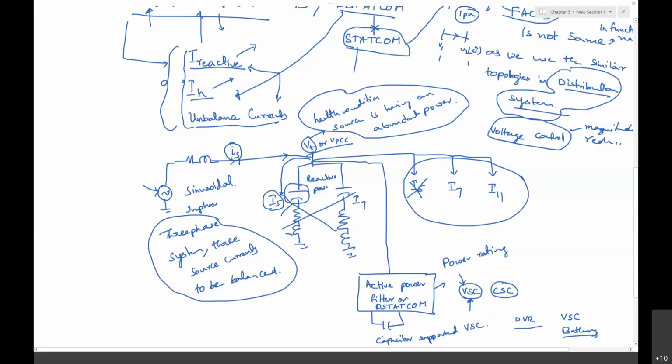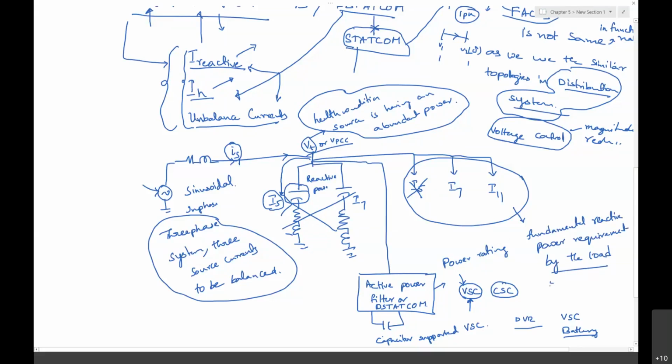The DSTATCOM is designed based upon the fundamental reactive power requirement by the load.